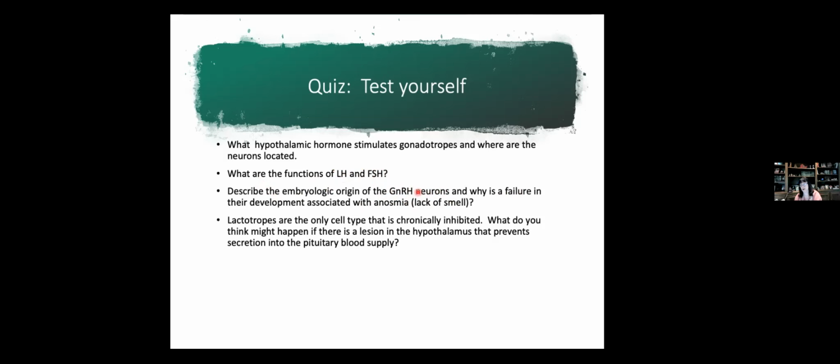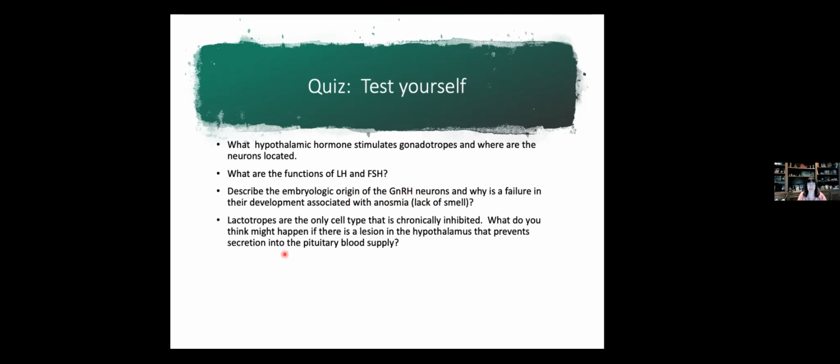And these olfactory neurons need to migrate and develop so the olfactory system can develop. And the GnRH neurons just move along the fiber tracks until they get to where they want to go. And so if you don't have your olfactory neurons moving along, you have a problem. And you also have a problem with reproduction.